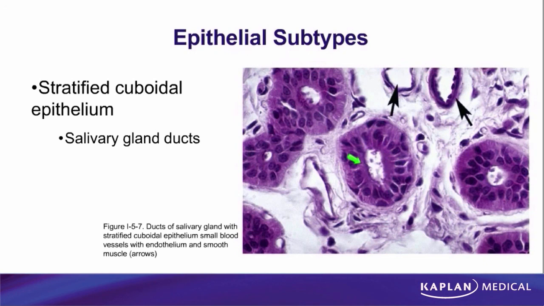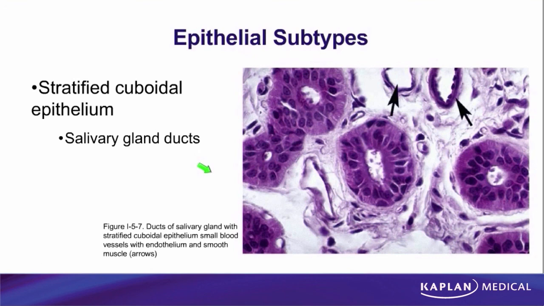Okay, when we get to histology of specific organs later on in our discussion, you'll want to pay attention to the functions of different organs within an organ system and think about what kind of an epithelium would be best suited to serve that function.